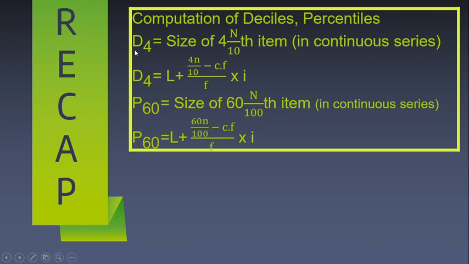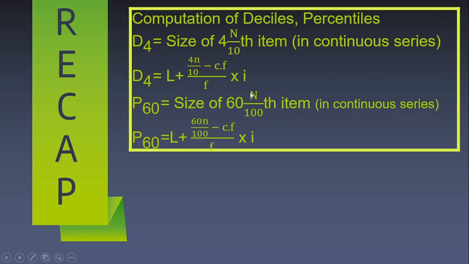Similarly for deciles, D4 for continuous series is size of 4N by 10th item, 4 for D4 and 10 for decile. Then the formula L plus 4N by 10 minus CF by F into I. Same way P60 is size of 60N by 100th item in a continuous series, 60 for P60 and 100 for percentile.